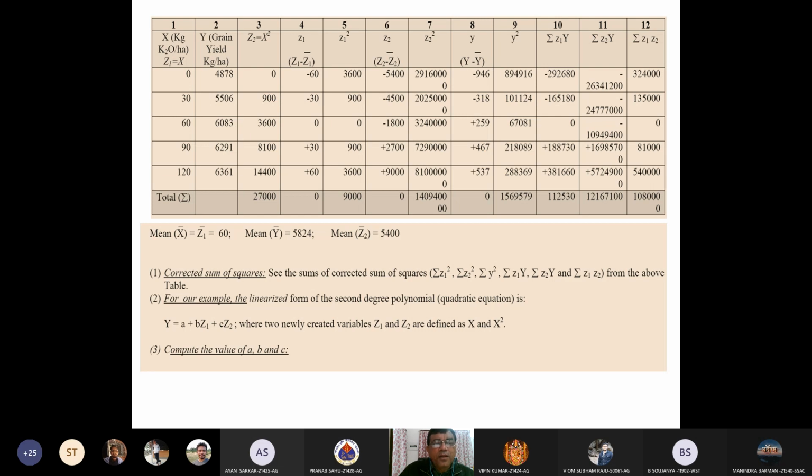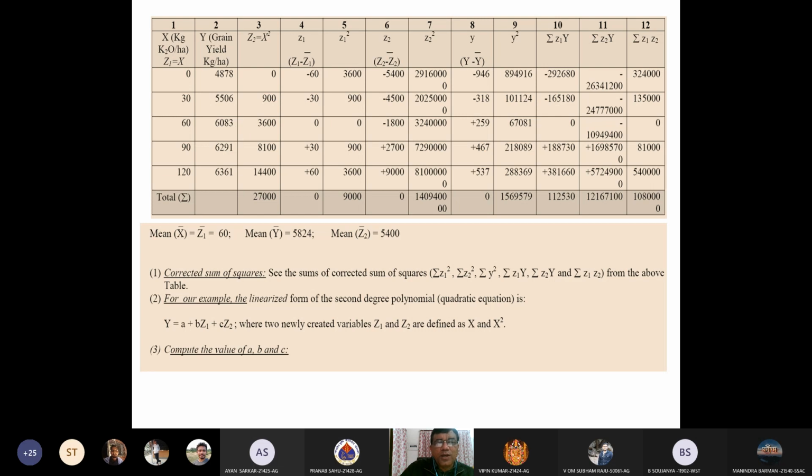Grain yield is in kg per hectare. The same data is given. And then Z2. Z2 is x square. So Z1 is exactly x, and Z2 is x square, which means x has been converted into Z2. So you need to square it. So it is 0, 900, 3600, 8100 and so on.